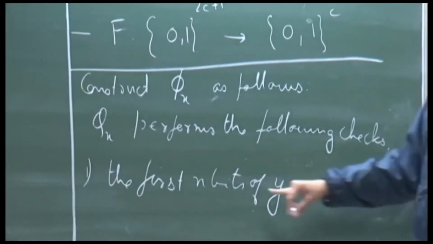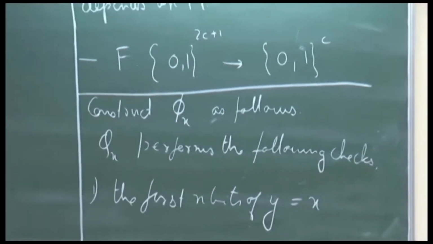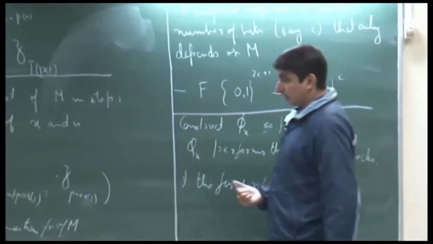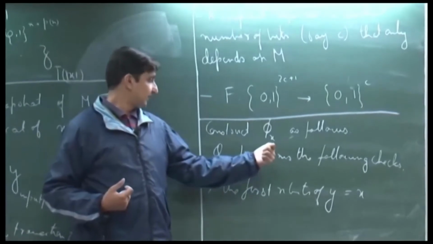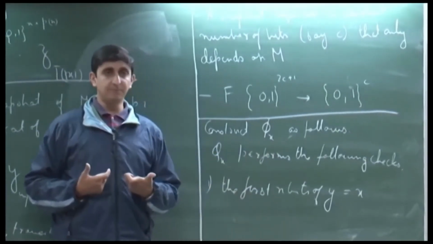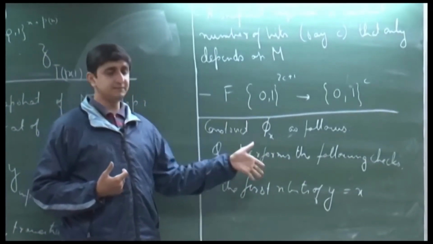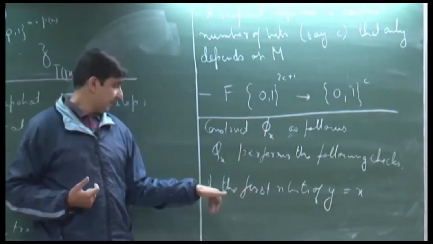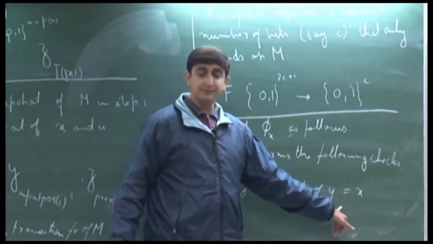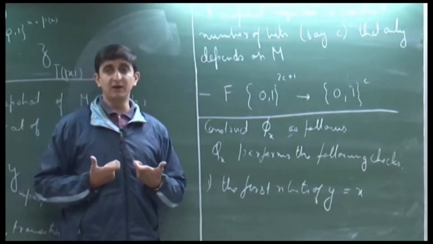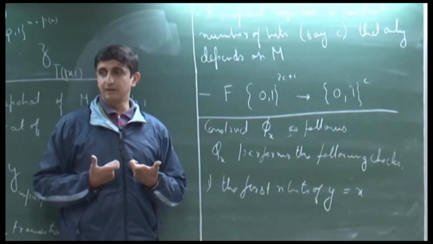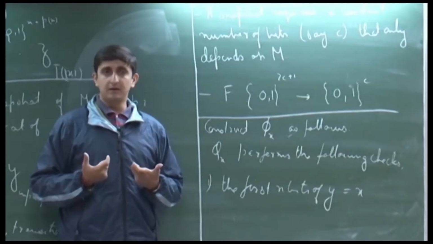Here is a good exercise for you to try out. Note that what we are trying to do is construct a Boolean formula which should be satisfiable if certain conditions are met. And here the first condition is checking equality of two Boolean strings.